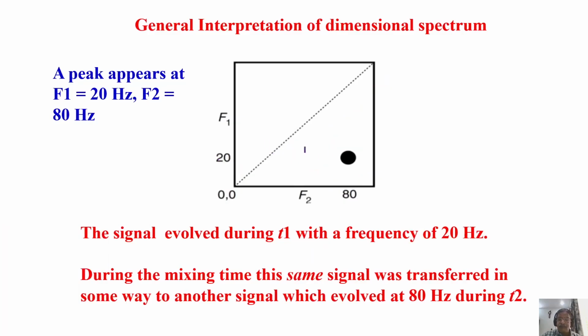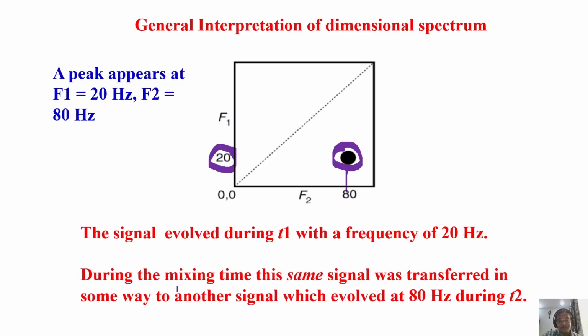Because of the mixing time, the magnetization of this is transferred to this, which was evolving at 20 in the T1 dimension. As a consequence, the peak which was precessing at 20 Hertz in the T1 dimension has given its magnetization to a coupled spin, and as a result, it is giving a peak at 80 Hertz in the T2 dimension. This is what you have to understand.